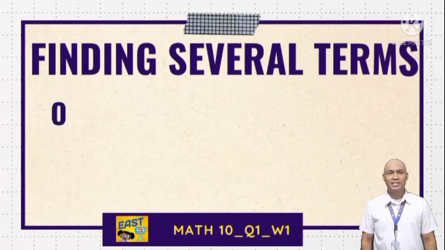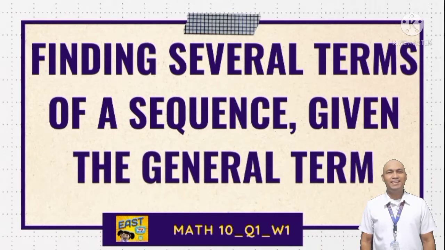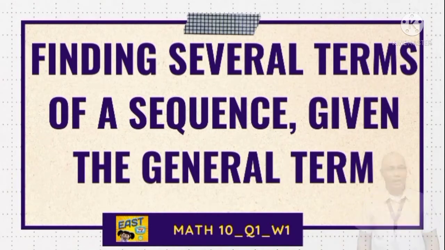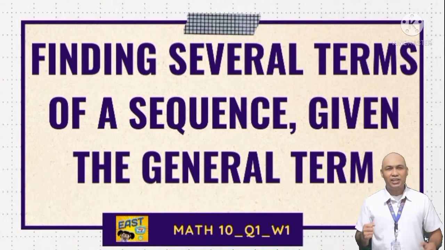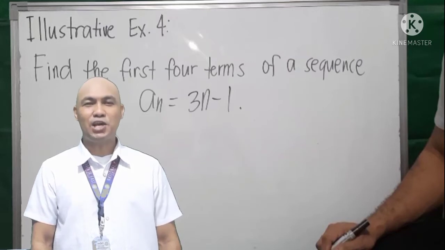Sometimes a pattern in the sequence can be obtained and the sequences can be written using a general term. Now, let's try finding several terms of a sequence given the general term. Are you ready? Let's start with the first example. Illustrative example number 4. Find the first 4 terms of the sequence a sub n is equal to 3n minus 1.